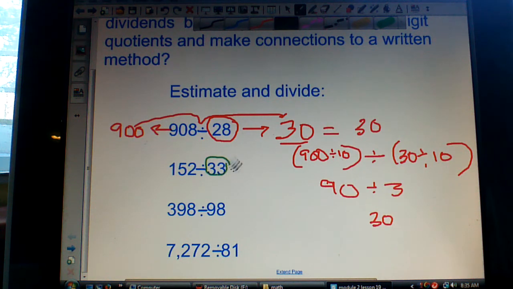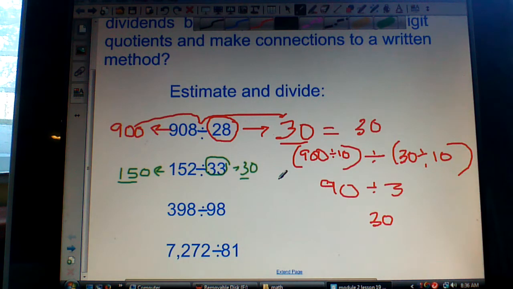So 33 would round to 30. And 152, I would round that to 150 because we're in the unit of tens, but 3 and 15 are both part of the 3 times table, right? So 15 is a multiple of 3.